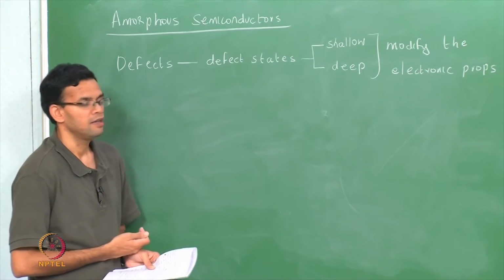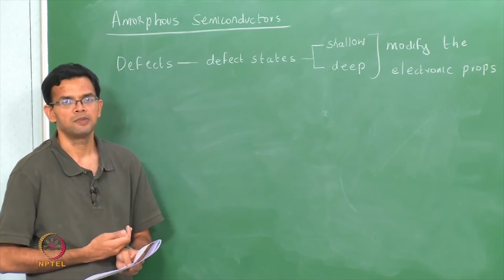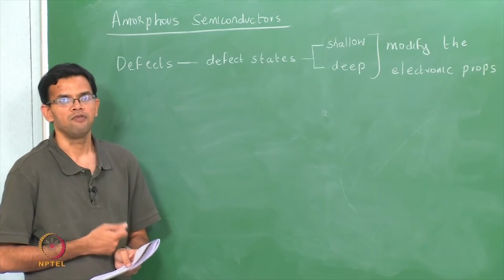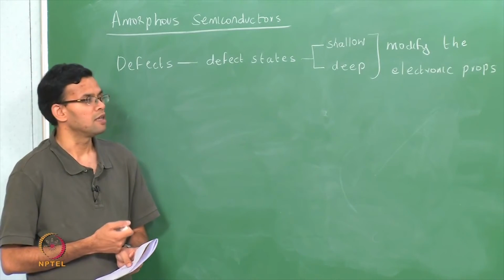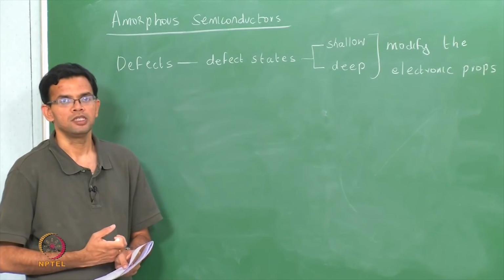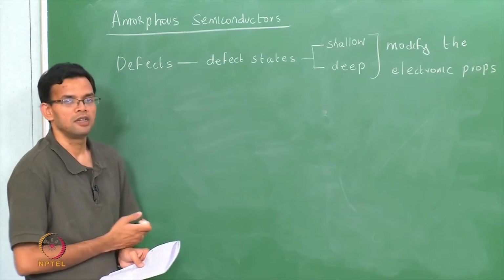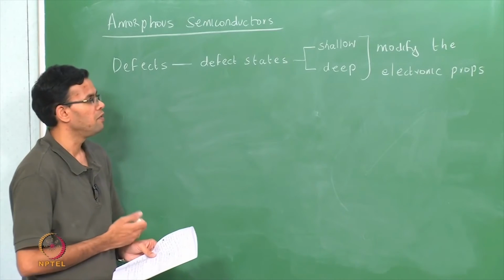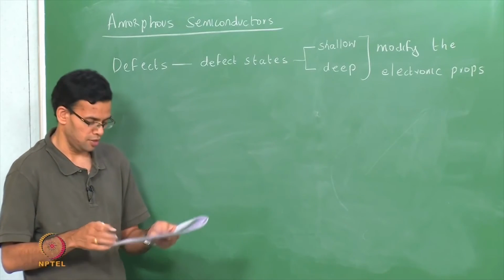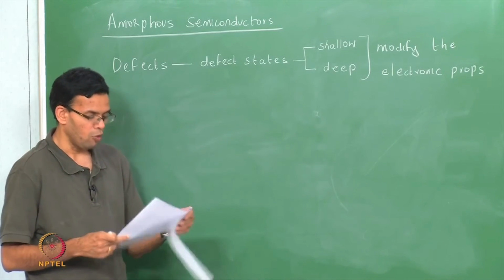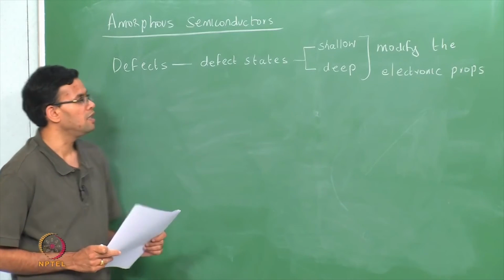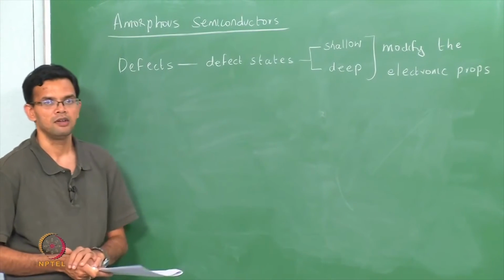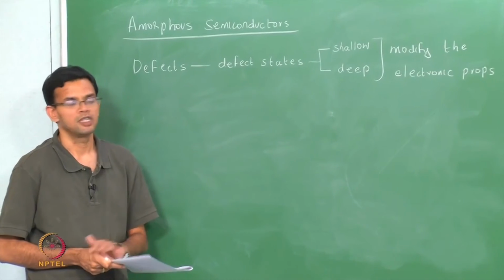On the other hand, in the case of some direct band gap semiconductors, you can have defect states in them that can modify the optical properties. In such cases, defect states are good. So, depending upon the applications, we may or may not want defect states. An amorphous semiconductor is an extreme example of a semiconductor with a large number of defect states.